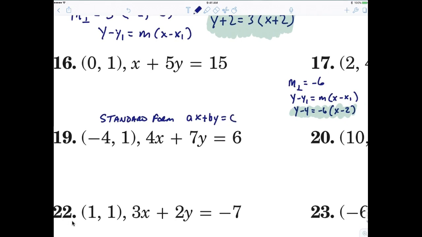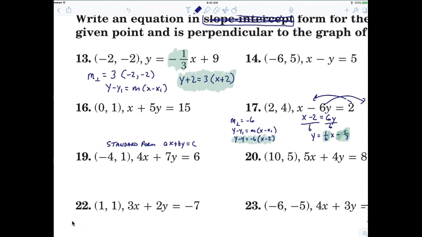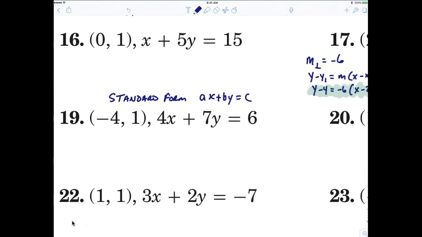I kind of changed up the direction, so I need you to pay attention because we just have to practice all three forms. The first thing we have to do is find the slope. So 7y equals -4x plus 6. y equals -4/7 x plus 6/7. And again, the only thing that matters is the slope is -4/7.